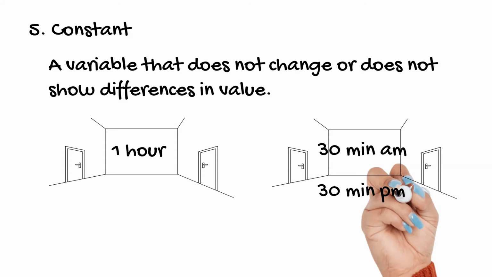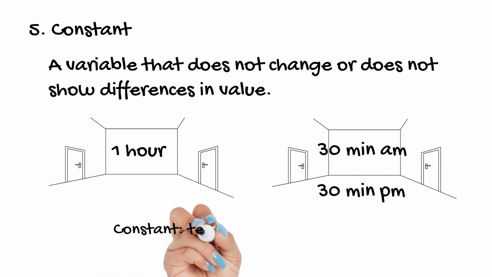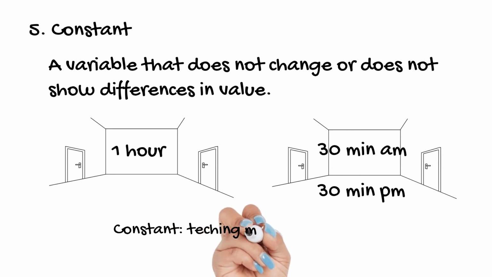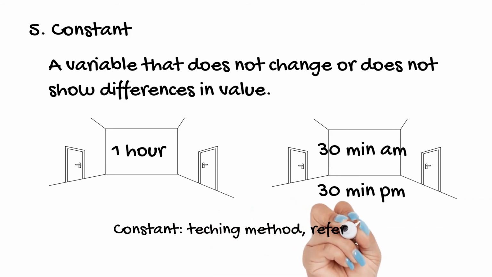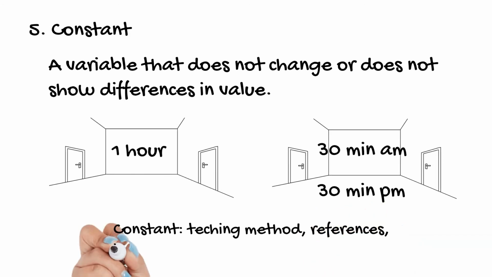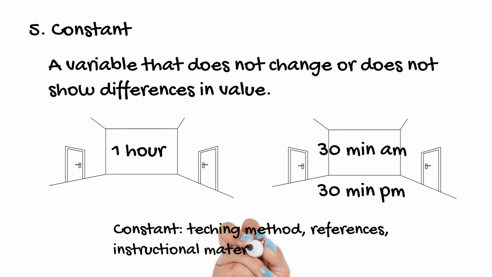So there must be two classes or groups of students. The factors that are likely to affect the results of the test are the teaching method, references, instructional materials, and the teacher. This must remain constant for the two different classes.